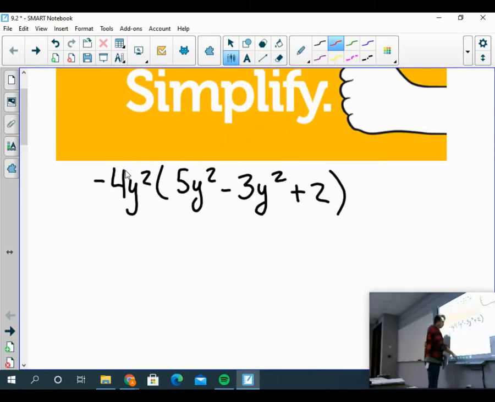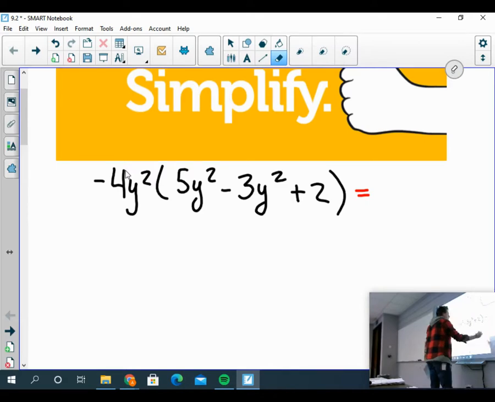But really it comes down to two ideas. The one we just executed, which is distributing, and this is where we're really going to apply our exponent rules. We learned all those exponent rules at the beginning of chapter 8. Here comes the application. You're going to simplify this just like you would the ones in the past.